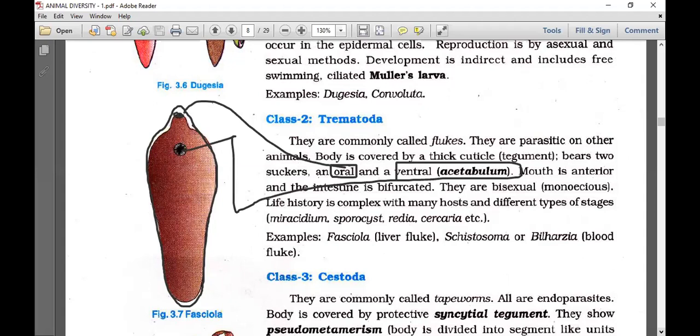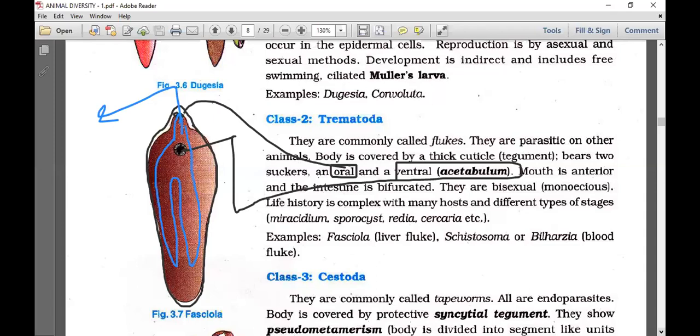This is the mouth. We'll take blue. Mouth is anterior, and the intestine is bifurcated, as I showed to you, and I'll show here also. Bifurcated intestine.